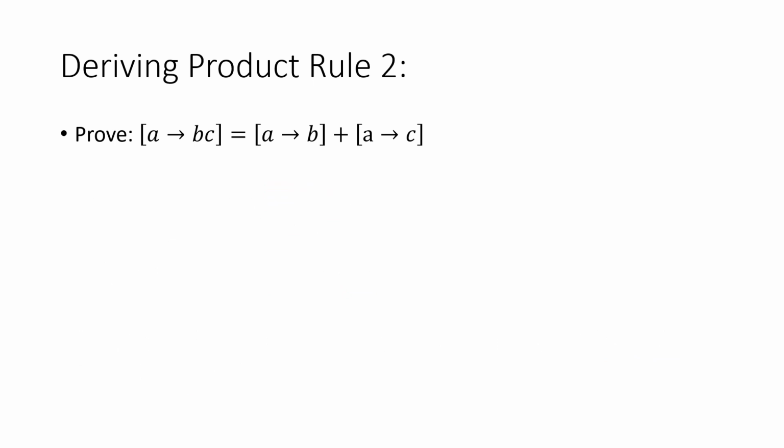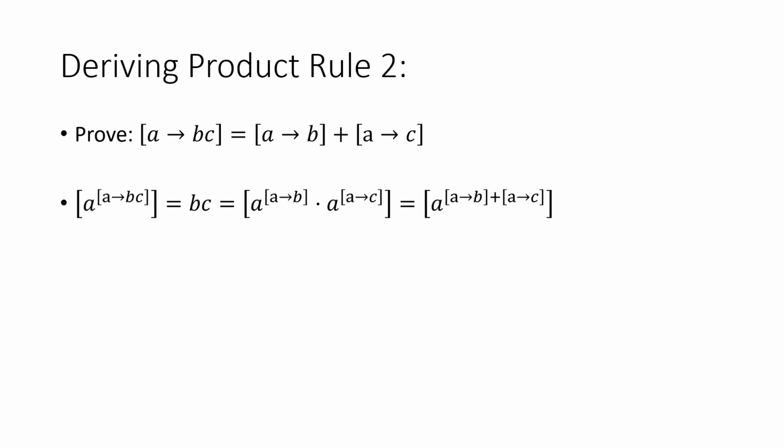Now, let me show another, perhaps slightly simpler proof of the product rule. Well, we can take the exponential of a to both sides, and we see that this left side actually simplifies to just bc. Well, b can be represented by that, and c can be represented by that, by definition of logarithm.